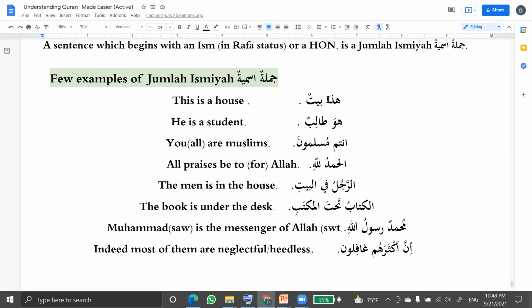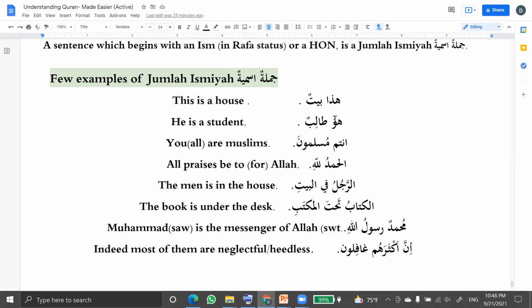So in its form, it can be rafa, nasab, or jar. Right? As is, it can be rafa, nasab, or jar. If a Jumlah Ismiyah starts with an ism in rafa status, then yes, if it can be rafa, then it is rafa.